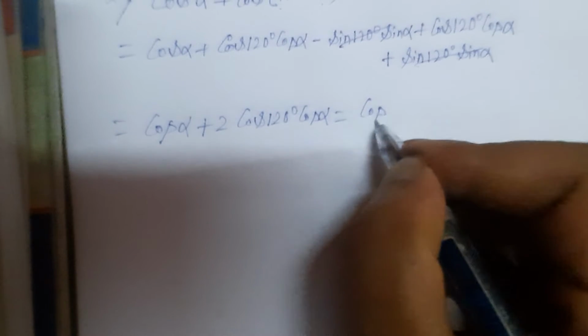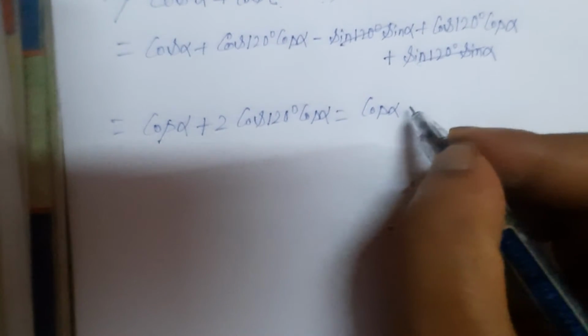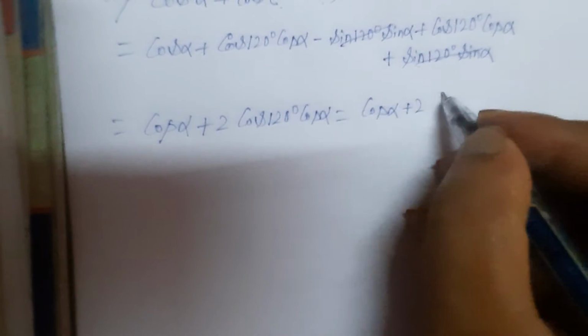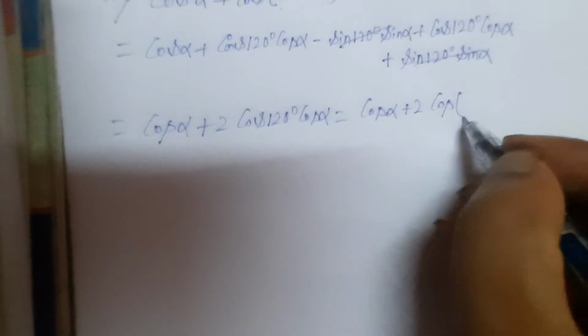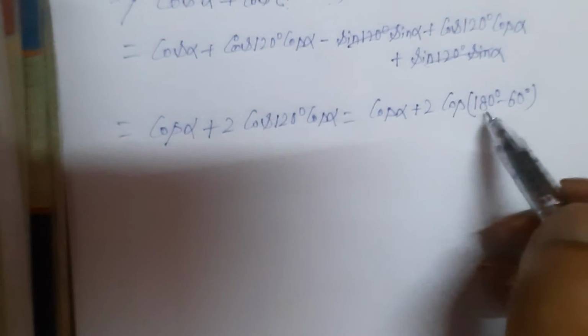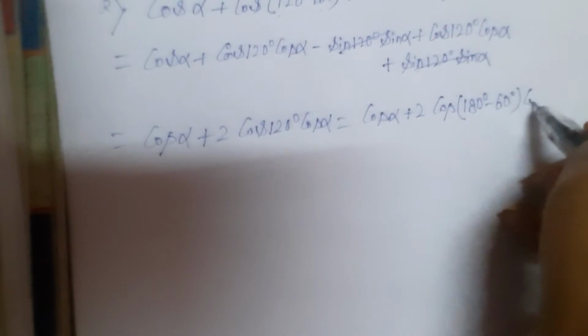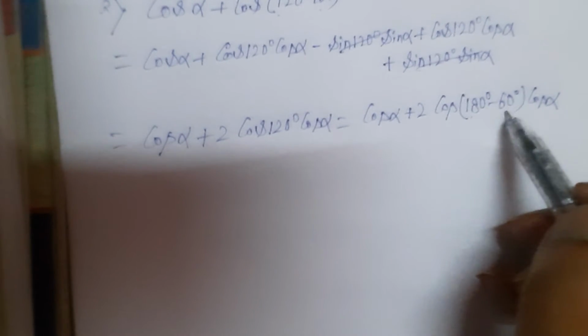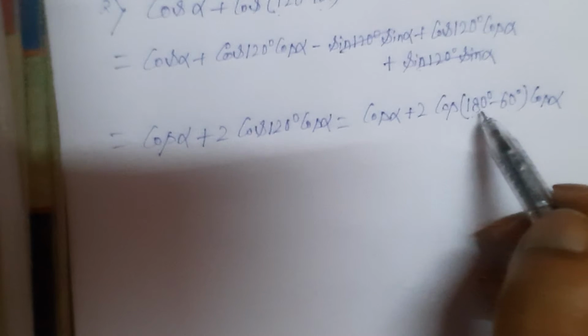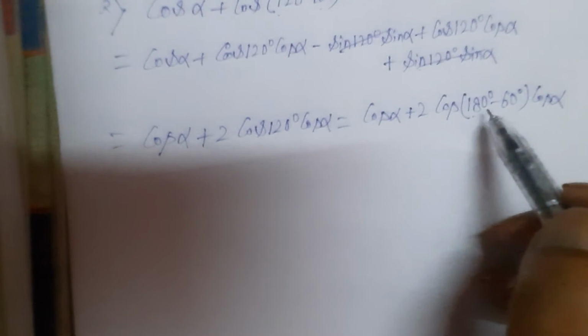Now cos alpha plus 2 into cos of 180 minus 60 degree. Cos 120 can be written as 180 minus 60, and the remaining part, cos alpha, remains the same. Now cos 180 minus theta, is it cos theta or minus cos theta?